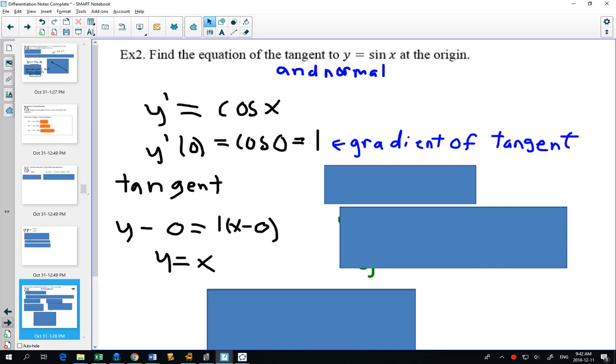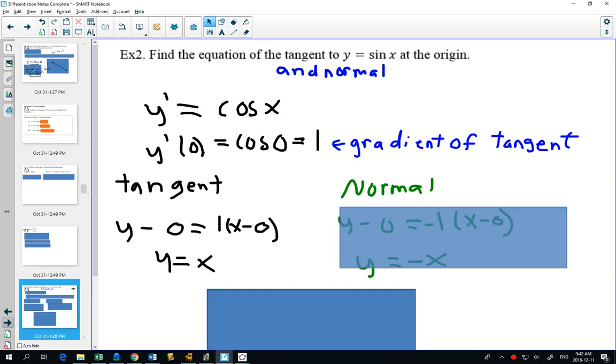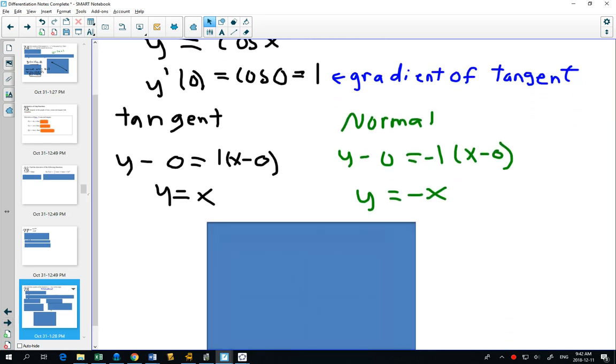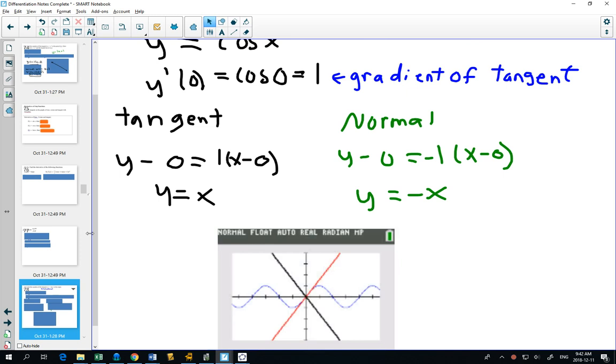If we were figuring out our normal, our slope would be the negative reciprocal, which is -1, and so the equation of the normal would be y equals -x. Here's a picture of what's happening. The red line we already saw when we looked at our GeoGebra app. We could see that that slope tangent line would be right there, and there we have the normal line that goes with it.